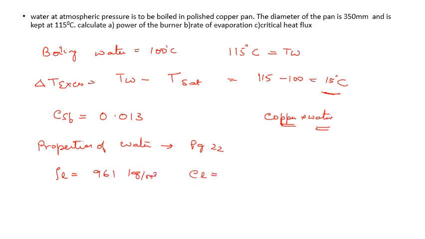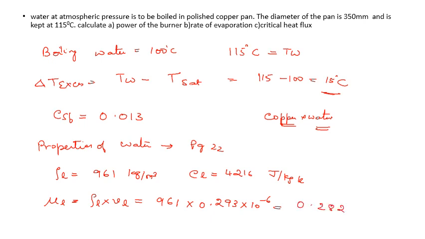Cl value will be 4216 joule per kg Kelvin, and if you have to find out the mu L, it is rho L into nu L, and here it turns to be 961 into 0.293 into 10 to the power minus 6. That turns to be 0.282 into 10 to the power minus 3 kg per meter second.